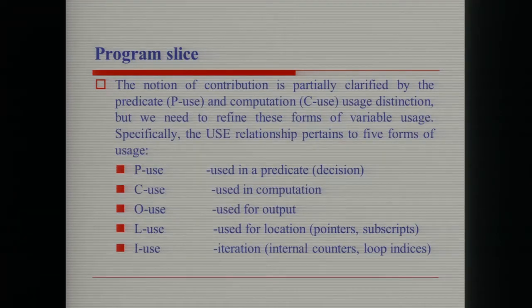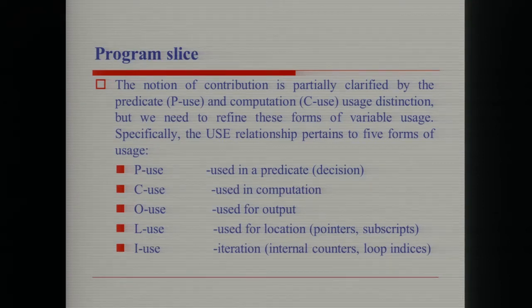So CUs and PUs are a common way of identifying the statements. There is a define part and a use part: the define part is where we define the variable v, and the use part is where we use the variable v.